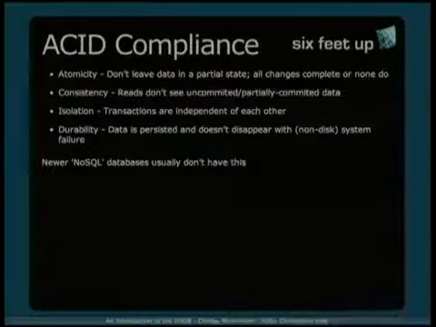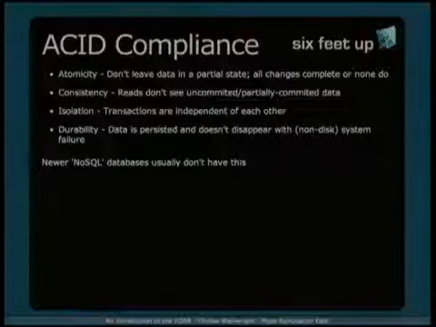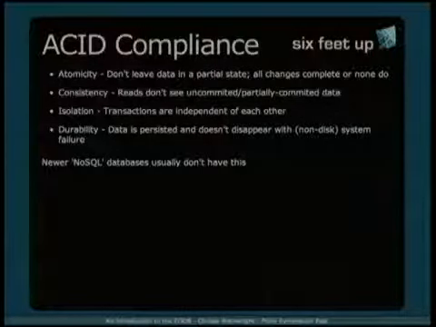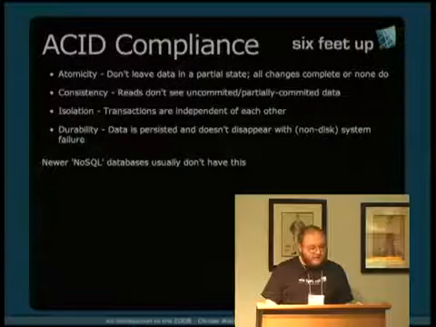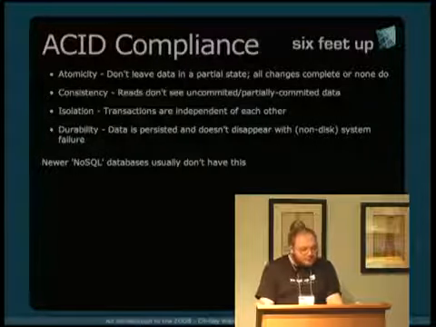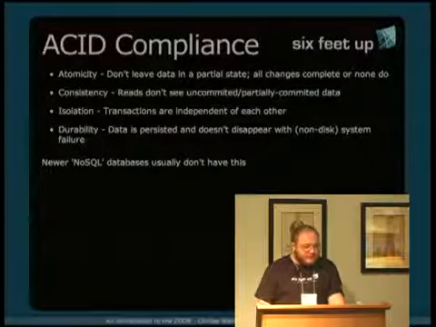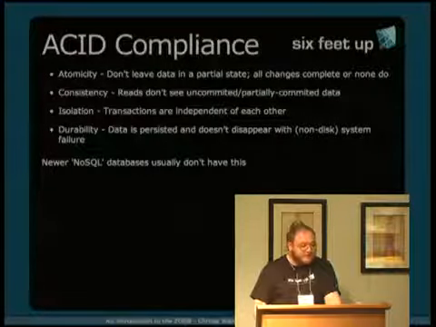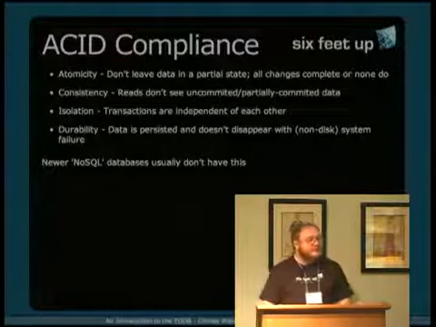Covering the ACID compliance. So you might have heard the term ACID compliance come up with SQL databases, probably with NoSQL databases in that they don't have it. Basically, there's 4 properties that a database needs to have to be ACID compliant. It needs to have atomic operations.